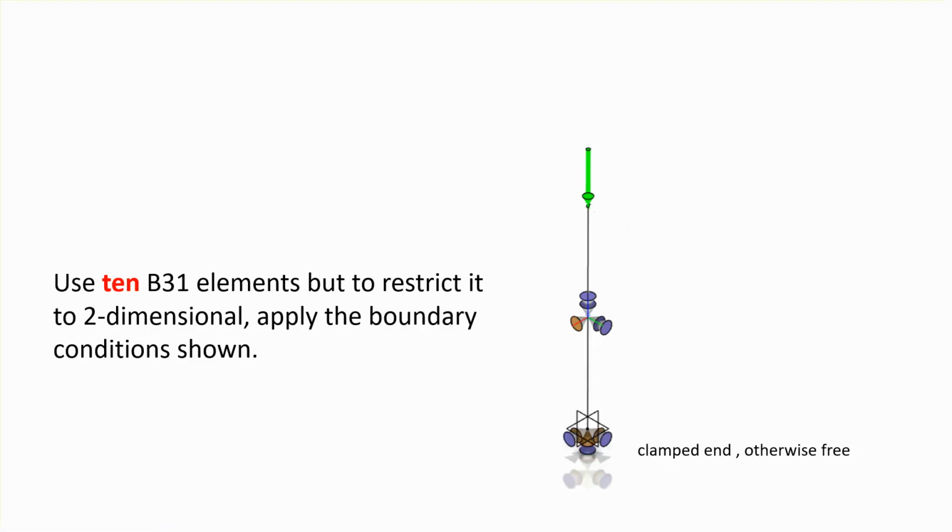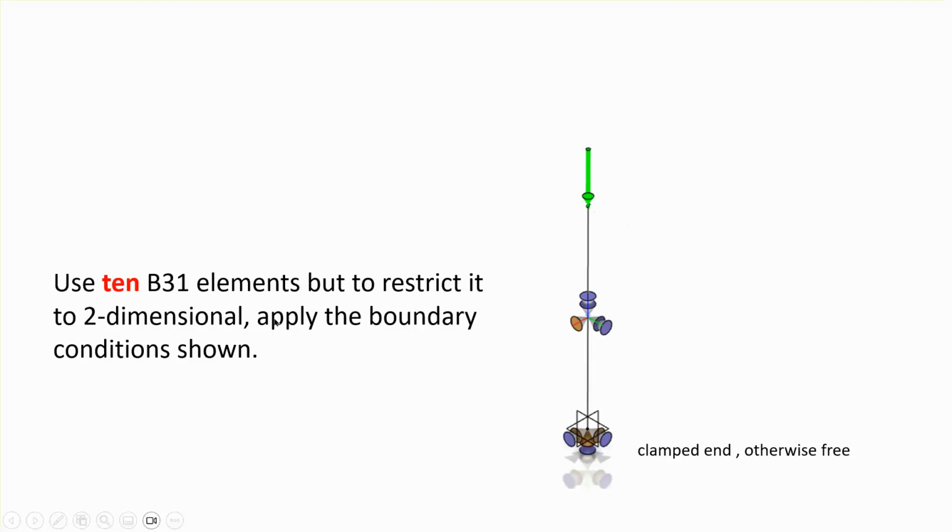However, there's no reason to do this problem in 3D, so I would like to restrict it to motion in one plane, which means that if you are using the Abaqus program, you will be using B21, but 3D Experience does not have two-dimensional elements, so I still use B31, but I restrict the motion of this vertical line so that it doesn't come off the plane and it doesn't rotate about the other two directions.